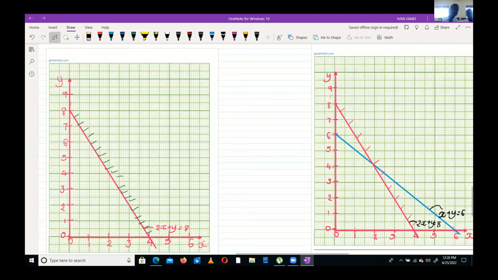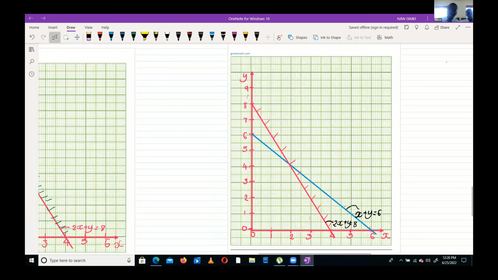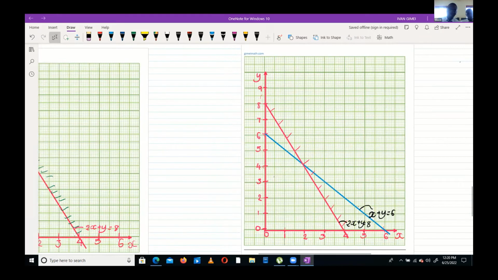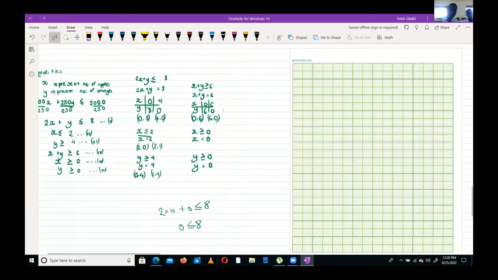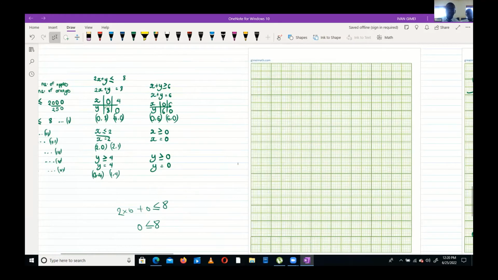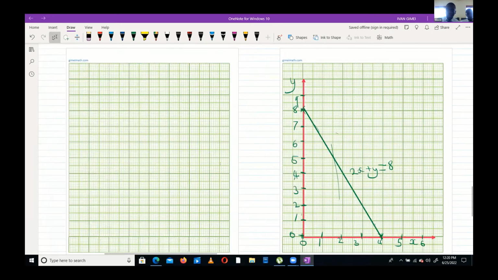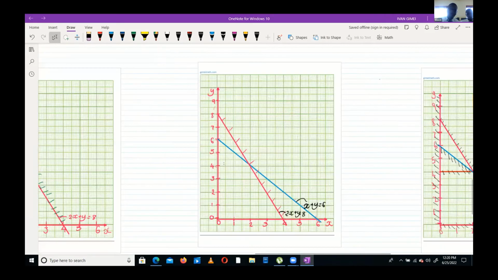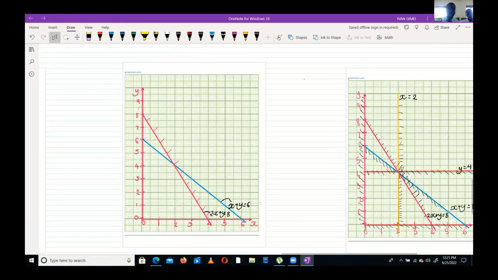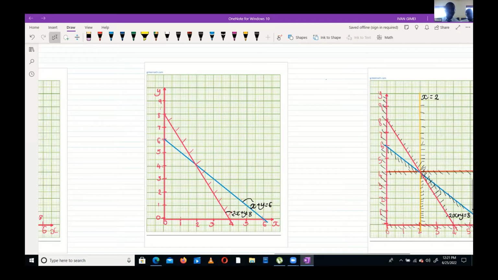Then we do the same for the next inequality. The next line, which is x plus y is greater than or equal to 6. Same thing with the values, you plot them. And here it's represented as a blue line. Then we see whether our values fit into the inequality. So we're going to use 0, 0 again, since it's the easiest to use.